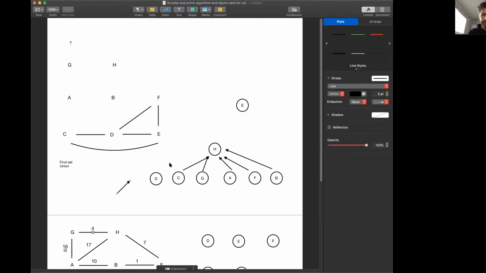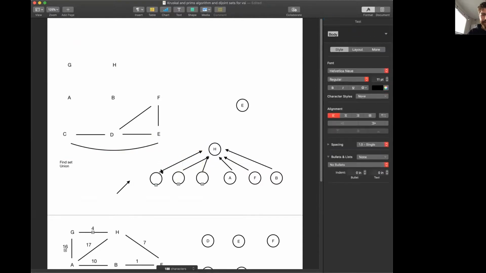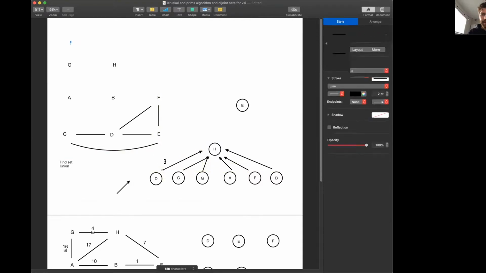And I join D to F. And I'm done with this edge.